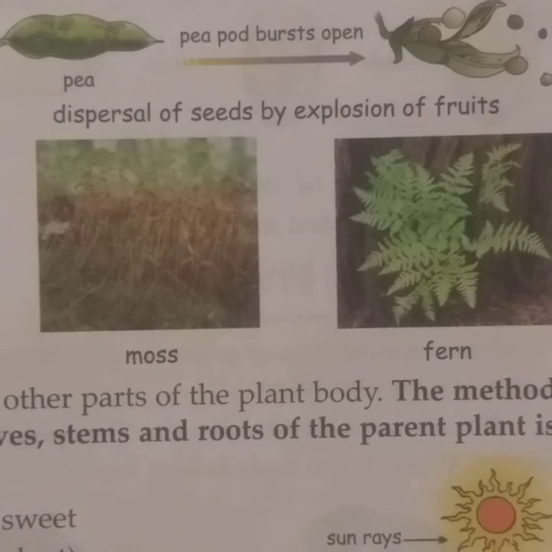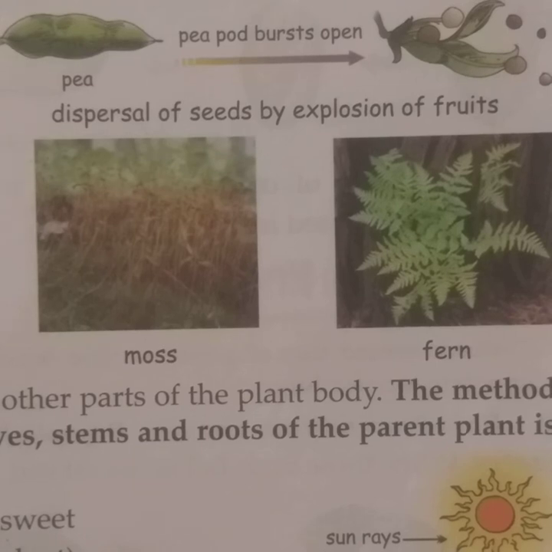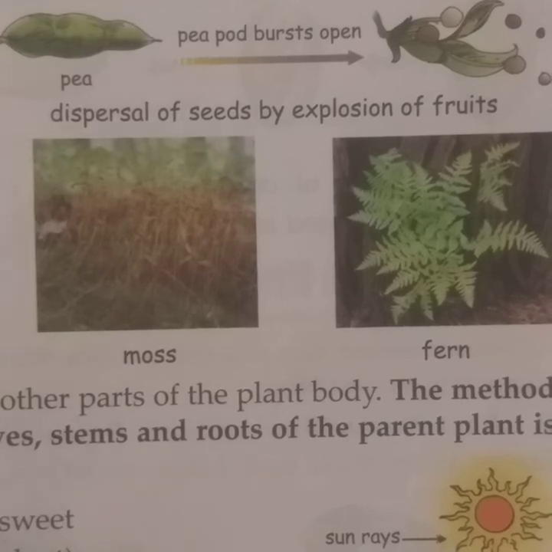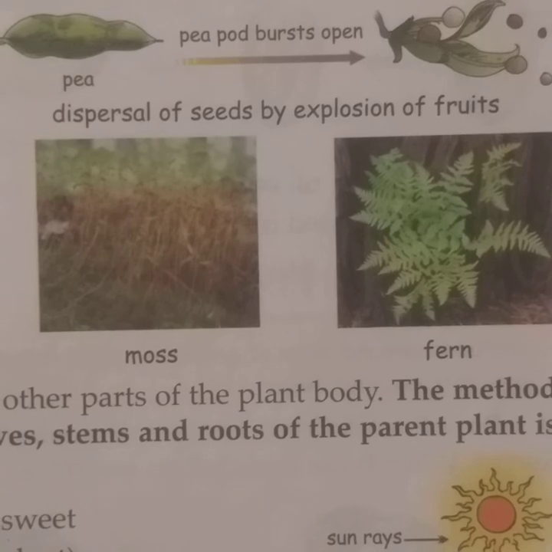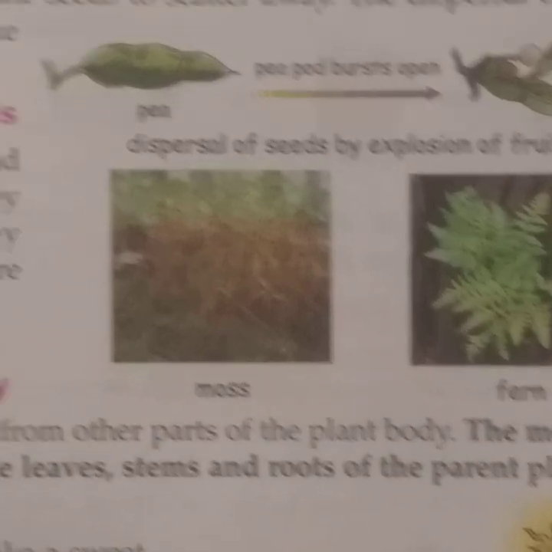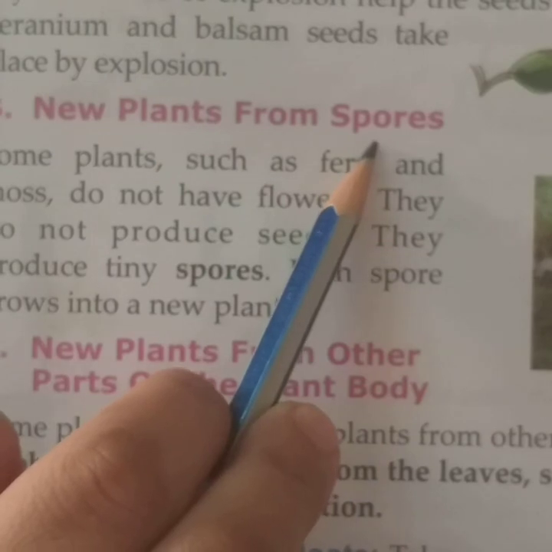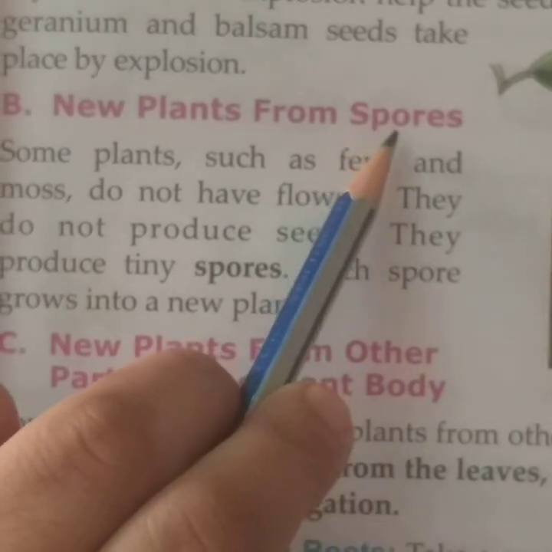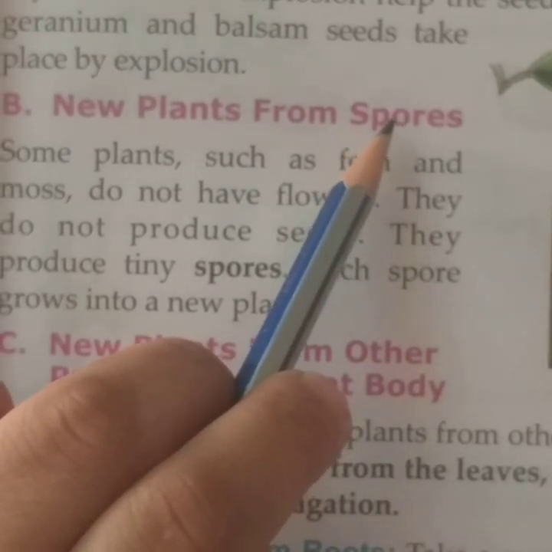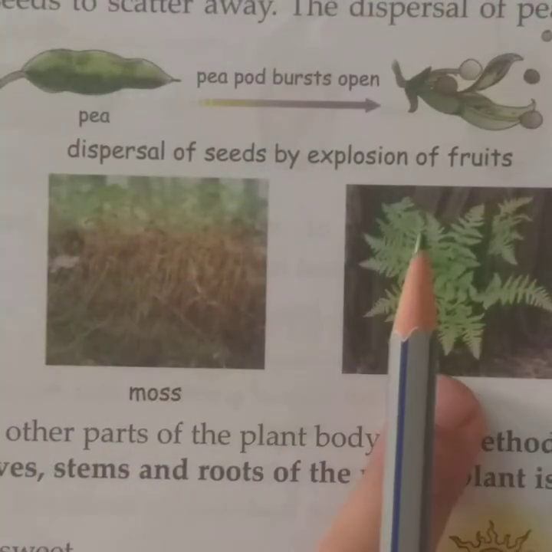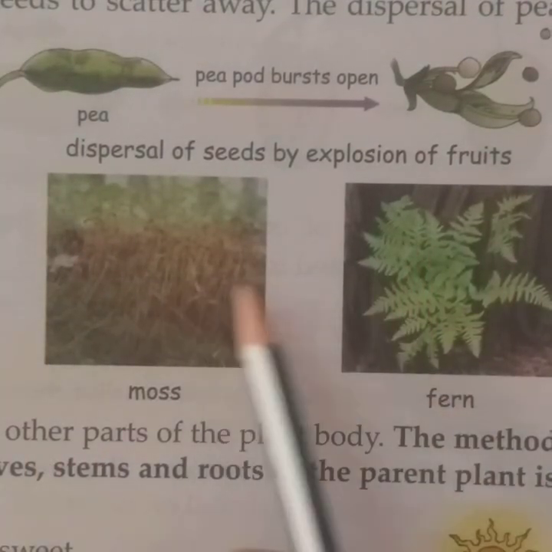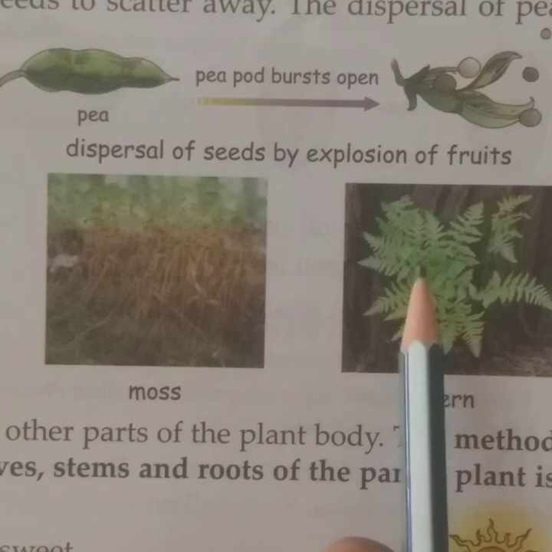When the tiny spores fall on the soil or the ground, and get favorable conditions like air, water, and warmth, they grow into a new plant. So we can say new plants grow from spores, and examples of plants that grow from spores are moss and fern.